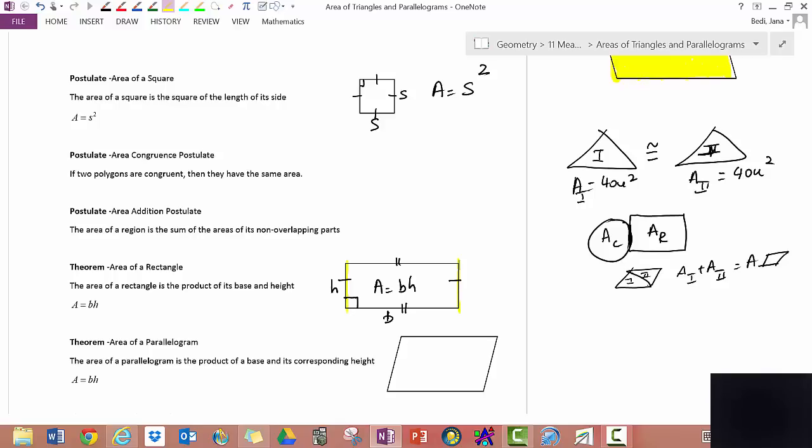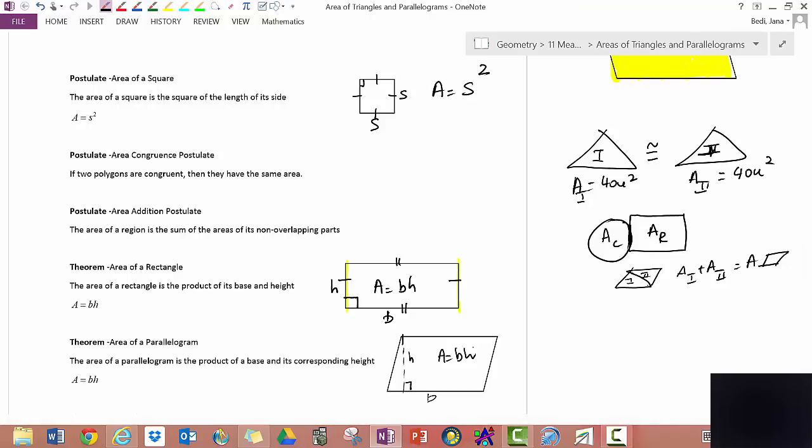But what you would have to do in this case is, if this is the base, you need to find the height, which is not the vertical but the perpendicular distance between the two sides. So in this case the height is that perpendicular dashed segment. So area is still base times height. It is not base times the side length.